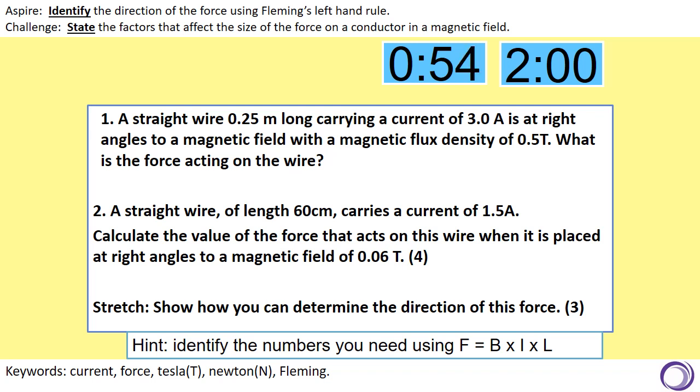I have missed off the amount of marks that question 1's worth. It's worth 3. Okay, should be on question 2 or even a bit further.